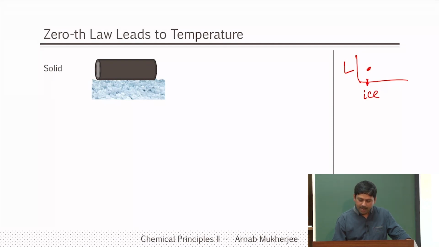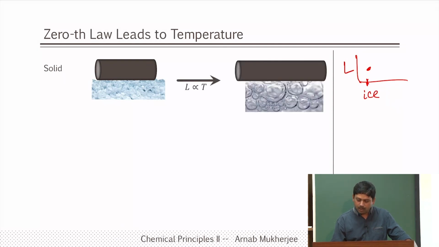Then let us put the metal object on boiling water and we calculate the length for boiling water. There will be a difference, and that difference will indicate that the temperature is increasing.